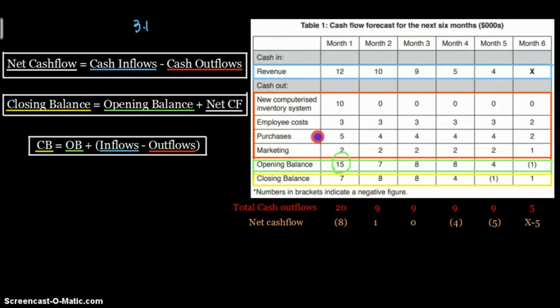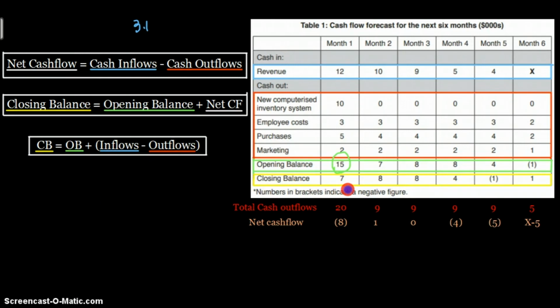So in month 1 we got a sales revenue of $12 and cash outflows of $20. Let's just say $12 was our inflows, $20 was our outflows, 12 minus 20 we got minus 8. And 15 minus 8 we got $7.